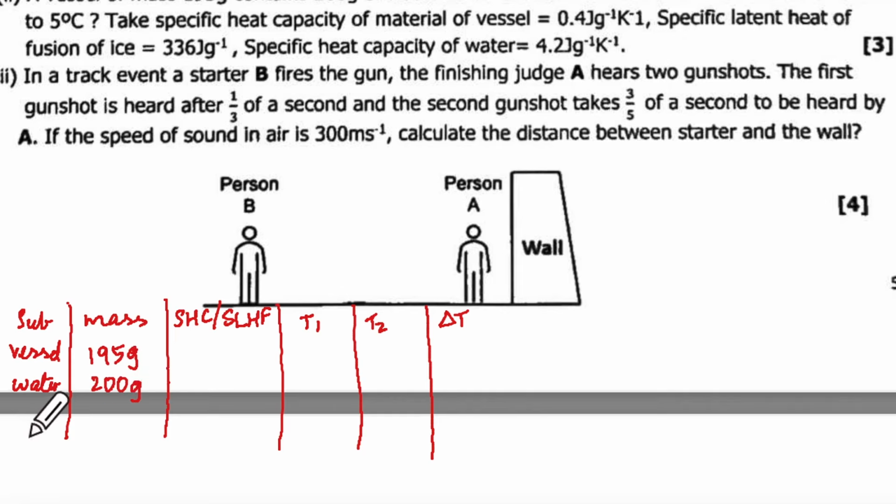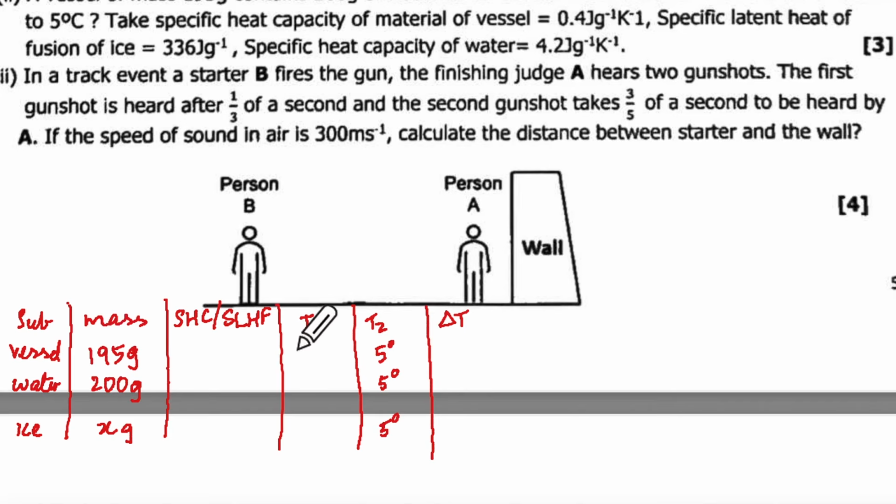How much ice? So we have ice also, and we'll write x gram needed to cool it to 5 degrees C, means T2 is 5 degrees, 5 degrees, 5 degrees.